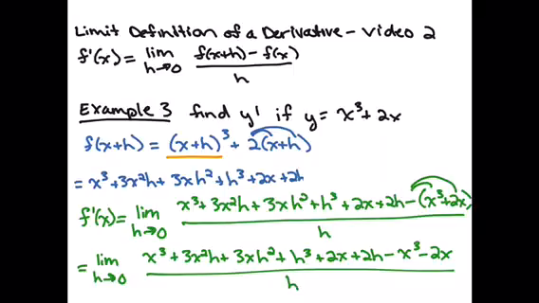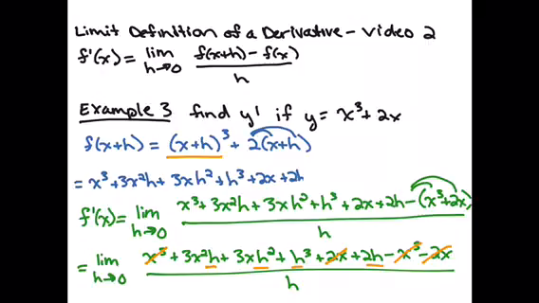And I see, if I combine like terms, that x cubed minus x cubed will go to 0, plus 2x minus 2x will go to 0, and every term that I'm left with has an h in it, which if we've done this correctly, that's always going to happen, so that we can factor it out and cancel it with the h in the denominator.